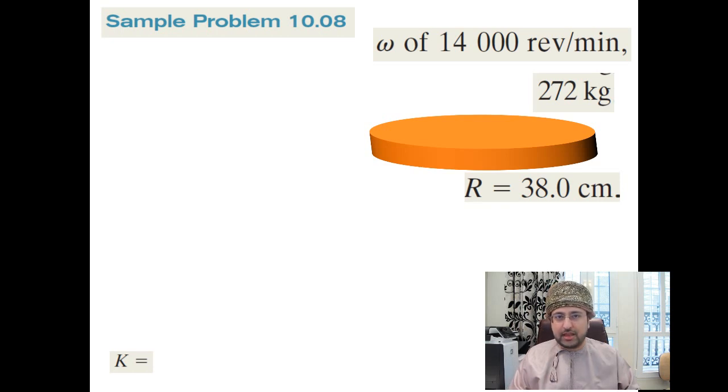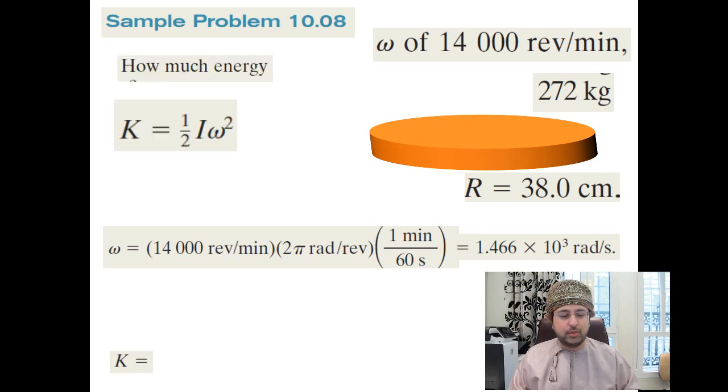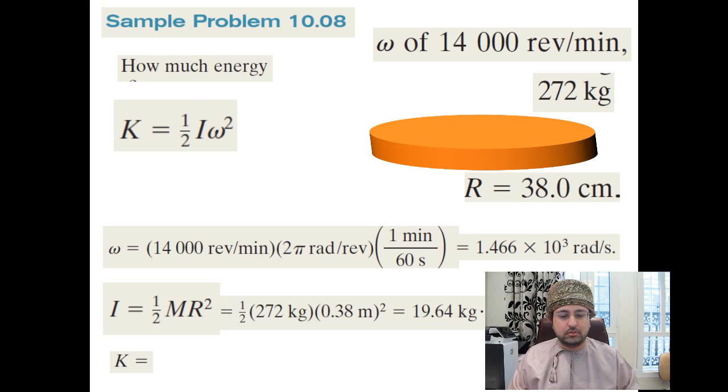We're just writing everything down like we did in the tutorials, and we start converting everything into SI units. So omega is 1.466 x 10^3 radians per second, and we want to know the energy. Now it's easy. K equals half I omega squared. I for a disk is half m r squared. So half of 272 times 0.38 meters squared, we get 19.64. If we put those numbers in, we get 2.1 times 10 to the power 7 joules. That is a lot of energy.